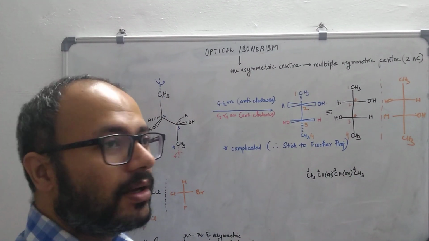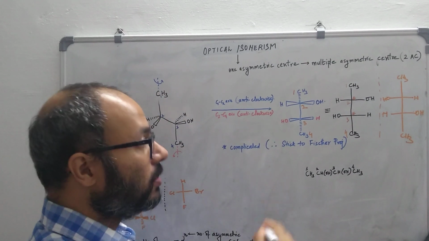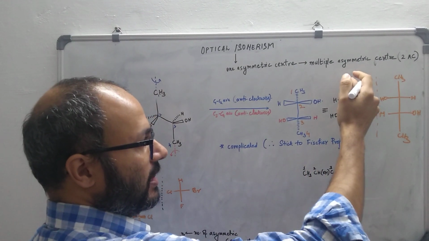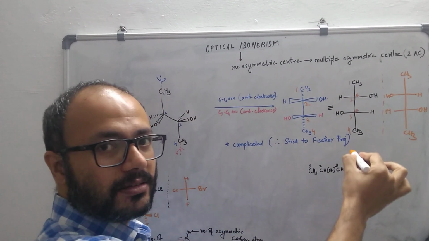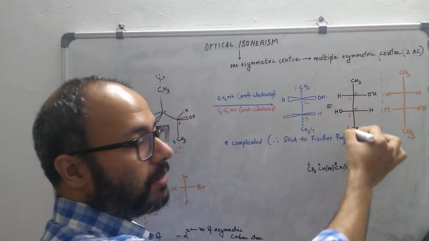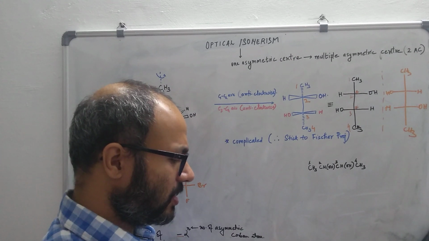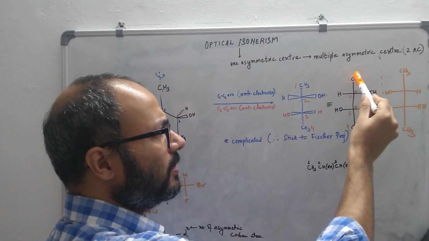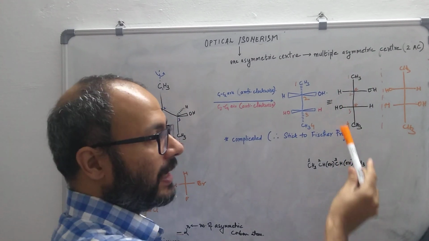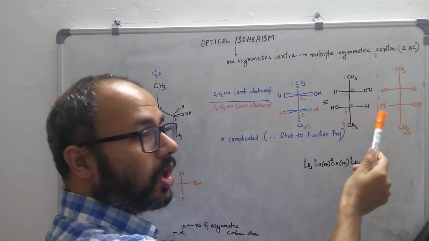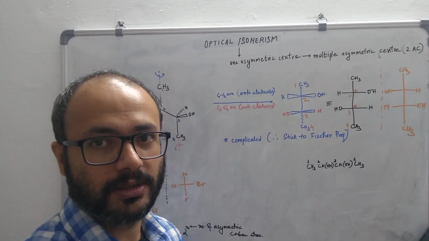Now draw another possible conformation. Please keep in mind that you keep the carbon chain on the vertical bonds of the Fisher projection formula, because it is a convention that you keep the long carbon chain on the vertical bond and the substituents on the horizontal bonds.